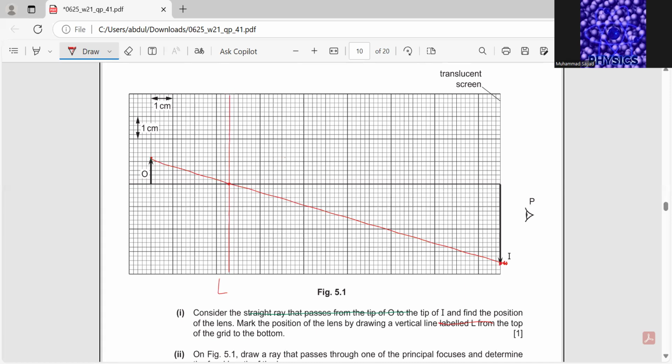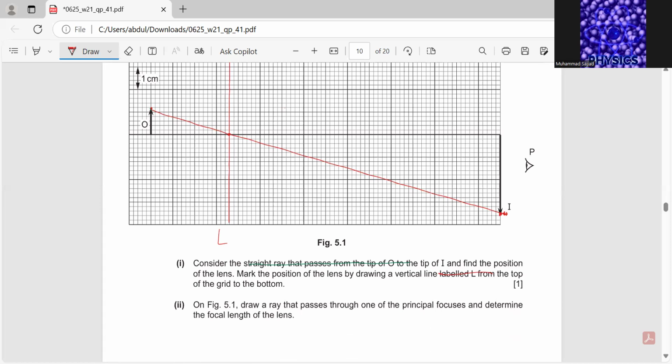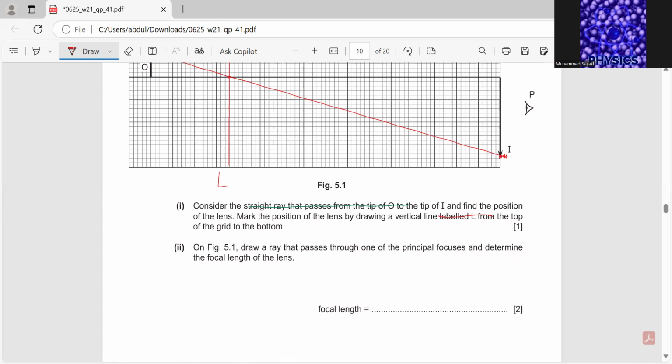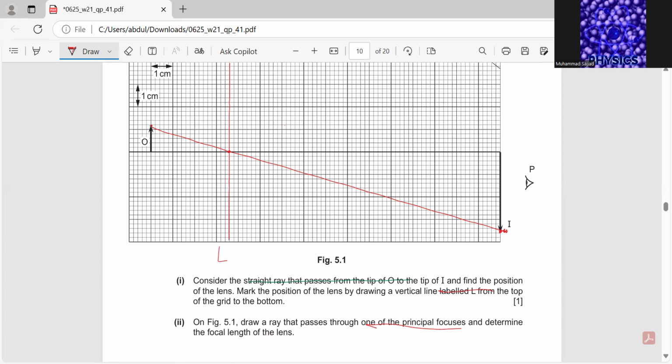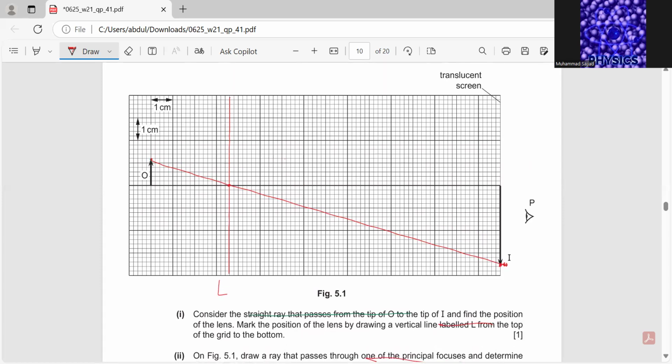This is the position of the lens, labeled L. Okay, now on the figure, draw a ray that passes through one of the principal focuses, because principal focus is on both sides of the lens, and determine the focal length of the lens. So again, let's do it.